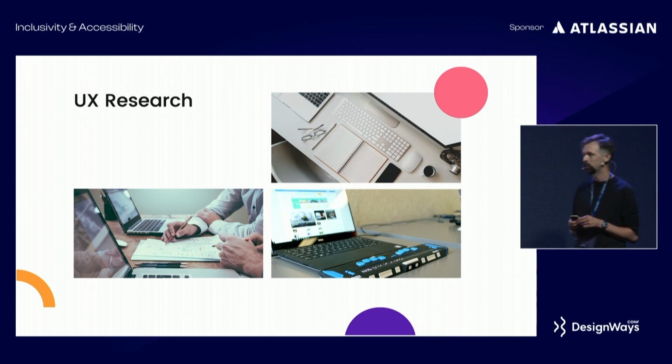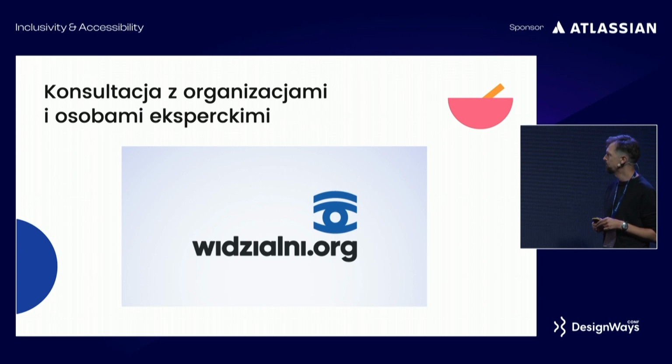We start with research and discovery, but the discovery should include the perspectives of people with different mismatches, so to speak. Another thing you can do in your product is consult organizations and experts. One such organization is widzialni.org.